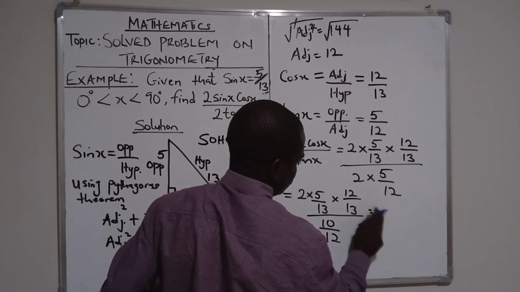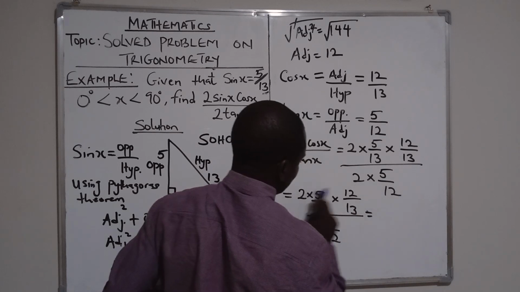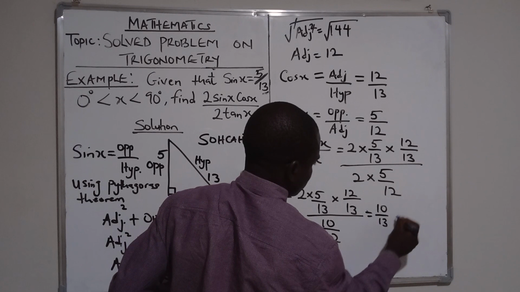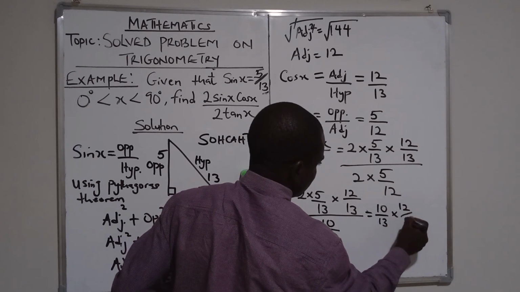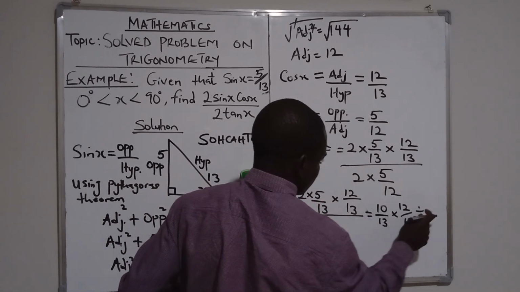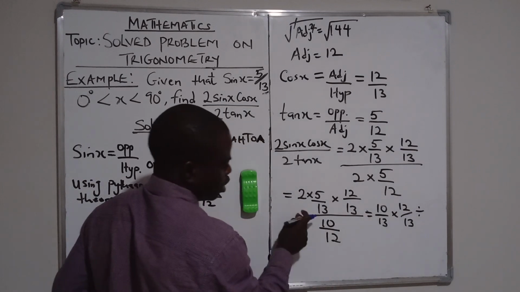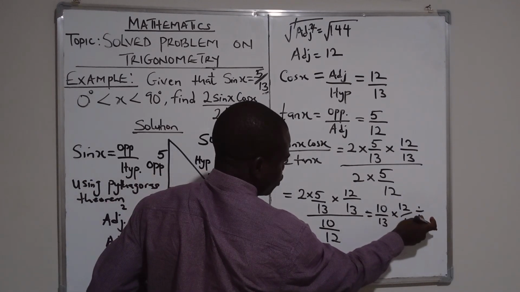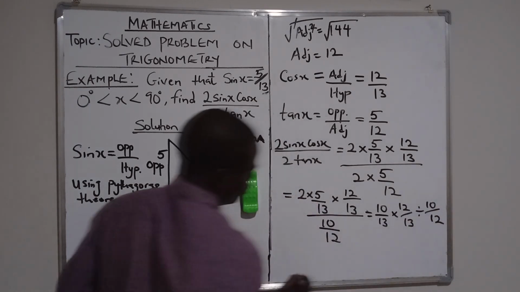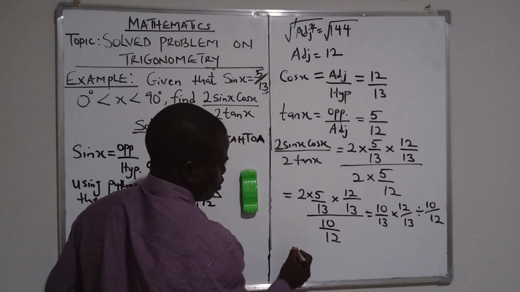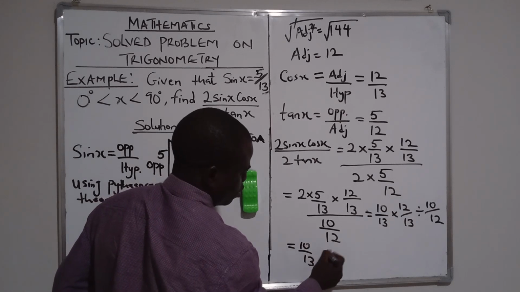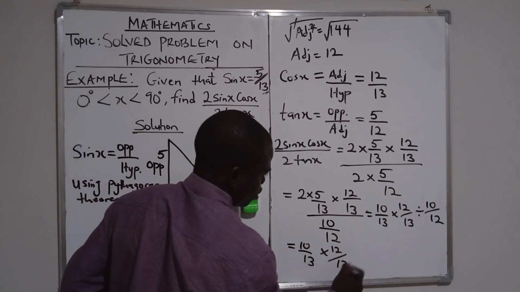It also equals 2 times 5, which is 10 over 13 times 12 over 13. Now divided by this division line, divided by 10 over 12. We are taking it up. Now you have 10 over 13 times 12 over 13.